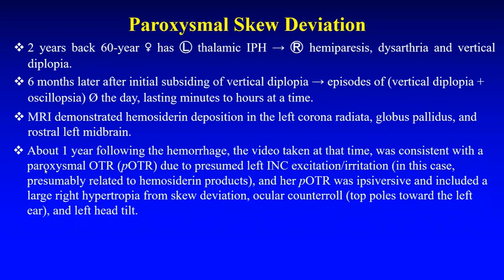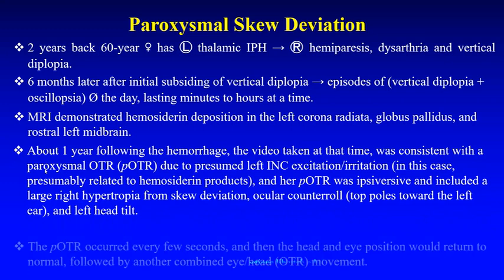About one year following the hemorrhage, the video taken at that time was consistent with a paroxysmal ocular tilt reaction, abbreviated as POTR, due to presumed left INC excitation or irritation. In this case, presumably related to the hemosiderin products, her POTR was ipsiversive and included a large right hypertropia from skew deviation, ocular counter roll, and a head tilt towards the left ear.